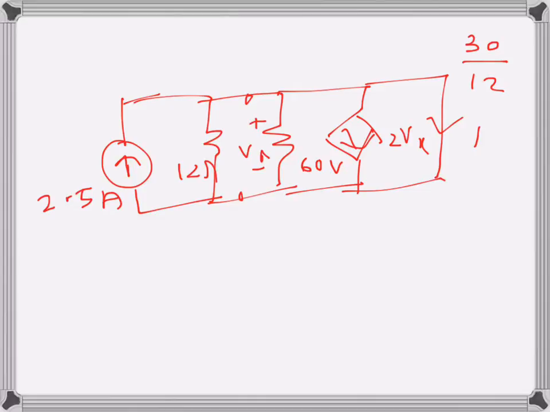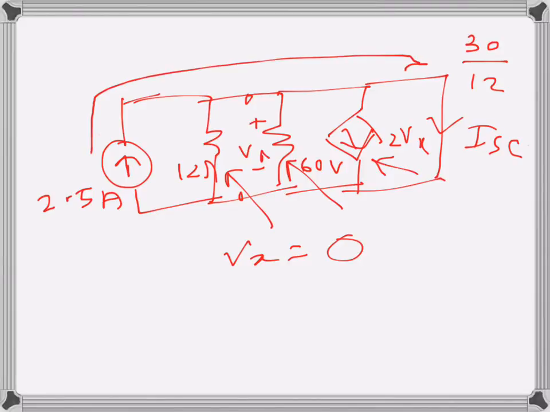Now when I look at this circuit, this is a voltage controlled current source, and with this arrangement, this resistance will be short circuited, this resistance will also be short circuited. So Vx will essentially become 0. There won't be any Vx, because the whole current 2.5 amps will go in this direction.